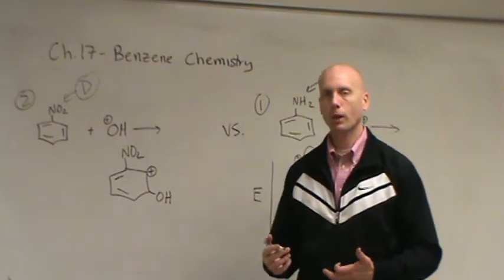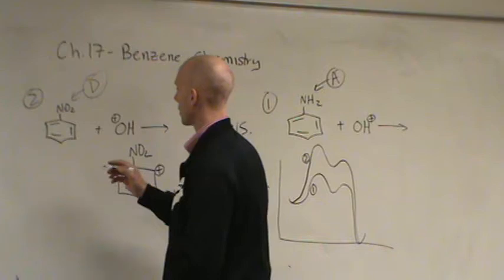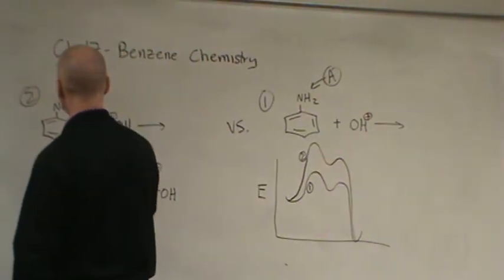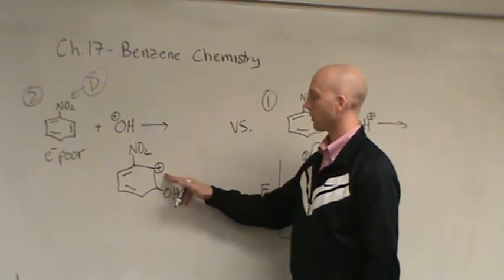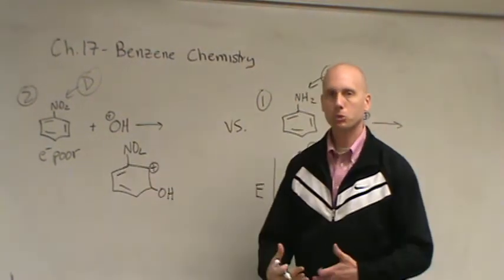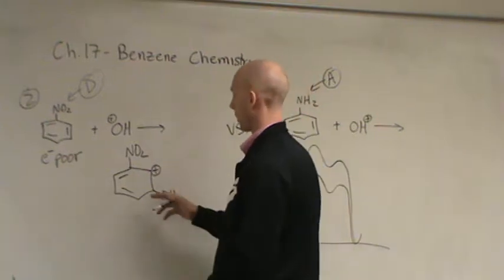So this thing is already electron poor. But now, when I add the electrophile, now the ring becomes doubly electron poor.